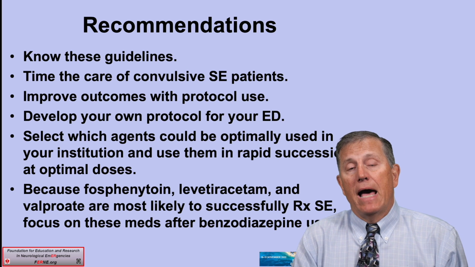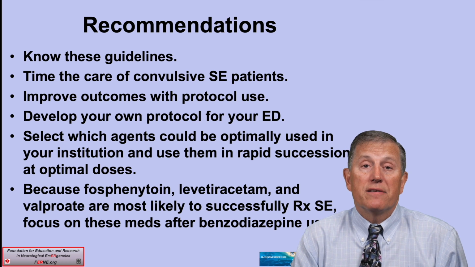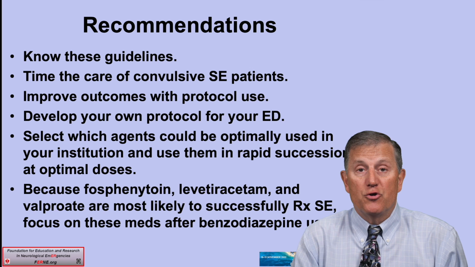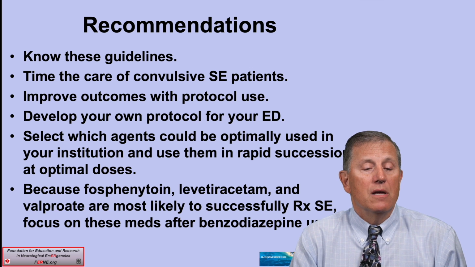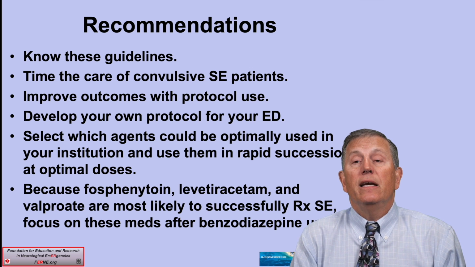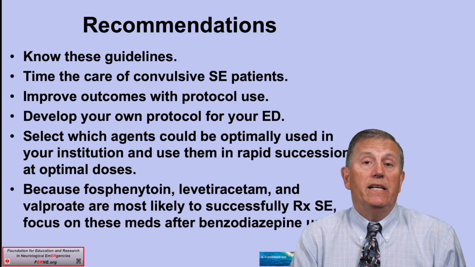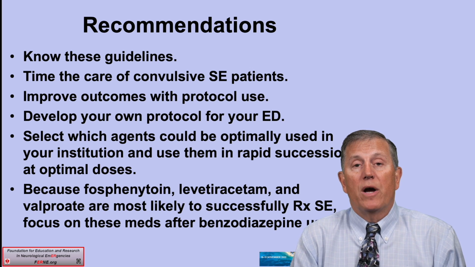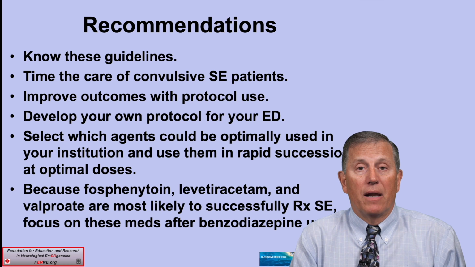So from our analysis of guidelines and clinical policies that address the care of patients with seizures and status epilepticus, we have the following recommendations. It's important to know these guidelines: the 2016 AES guidelines, the 2014 ACEP Clinical Policy questions, and the 2020 refractory status epilepticus medication recommendations.